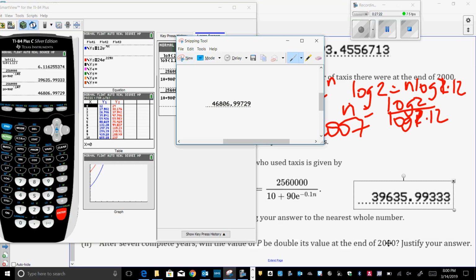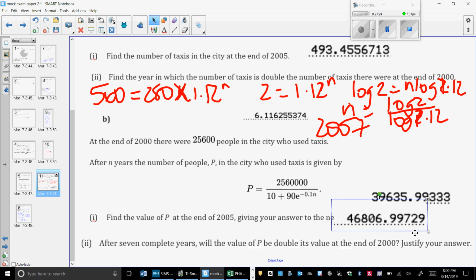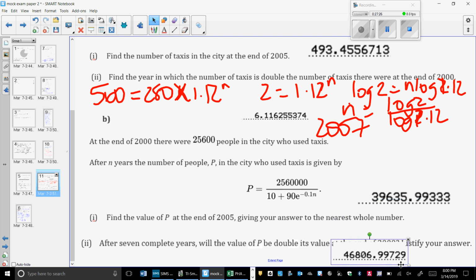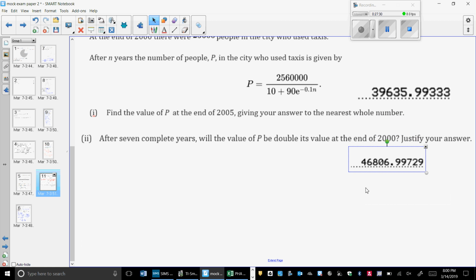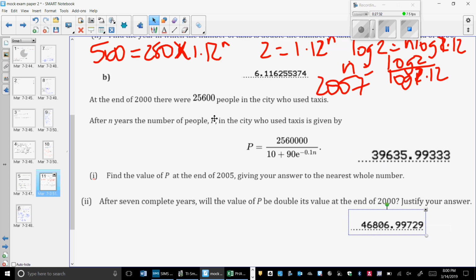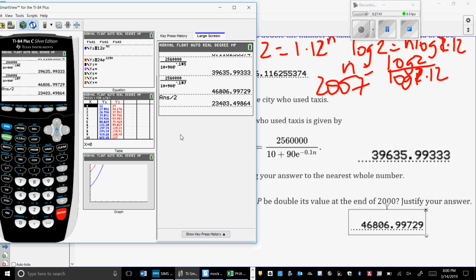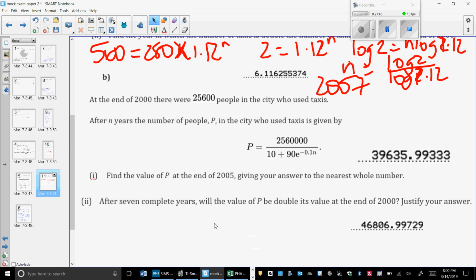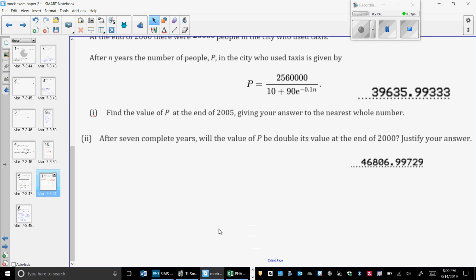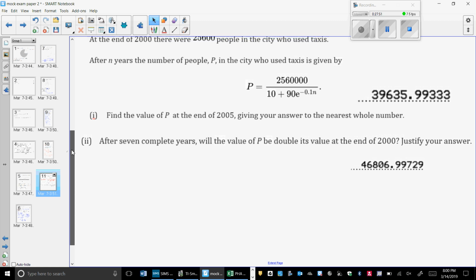One number. So 46,800. How many was in there? 2, 5, 6. So let's divide up by 2. 2, 3, 4. No, so that's not double. So you just say it's not double. There you go.